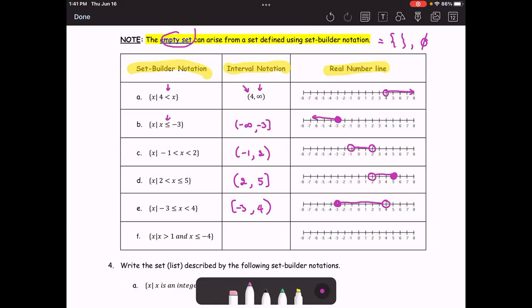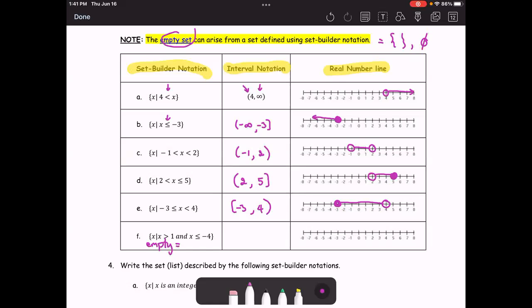The last one, the set of x such that x is greater than 1 and x is less than or equal to negative 4. Think about any real number that is greater than 1, for example, the number 5. Is the number 5 less than or equal to negative 4 at the same time? The answer is no. That means this is an empty set.